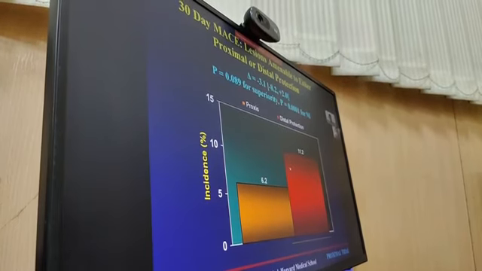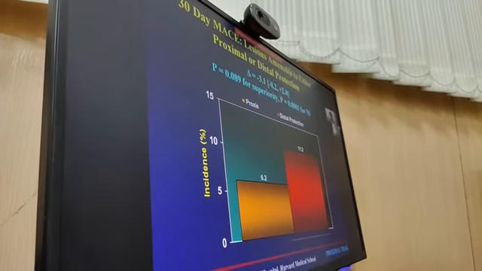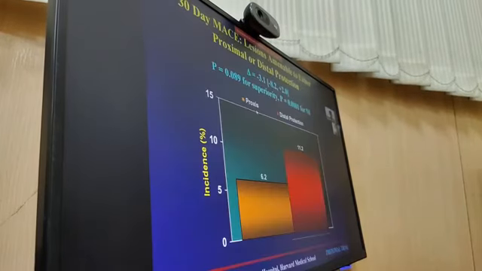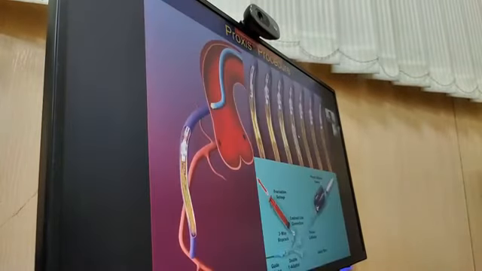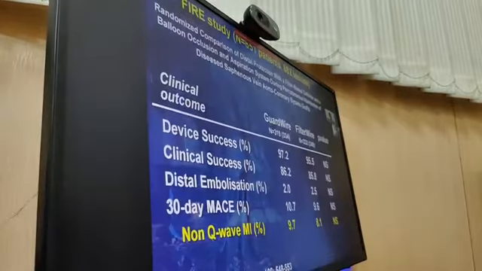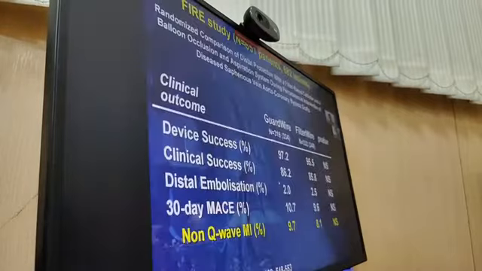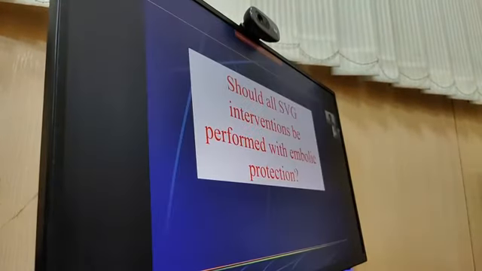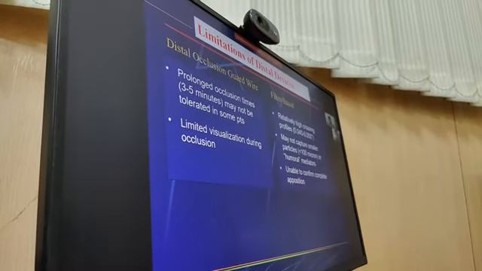But as I told you, I have never used proximal protection devices. They are from St. Jude. Overall, the results are better with proximal devices. This trial has shown that, but we are not using it. But it is beautiful, because the one flaw in distal protection devices is that while passing or crossing the wire, you can still have some distal embolization.